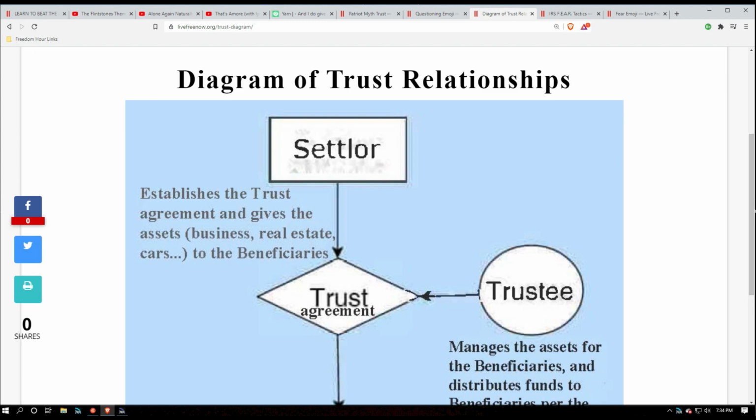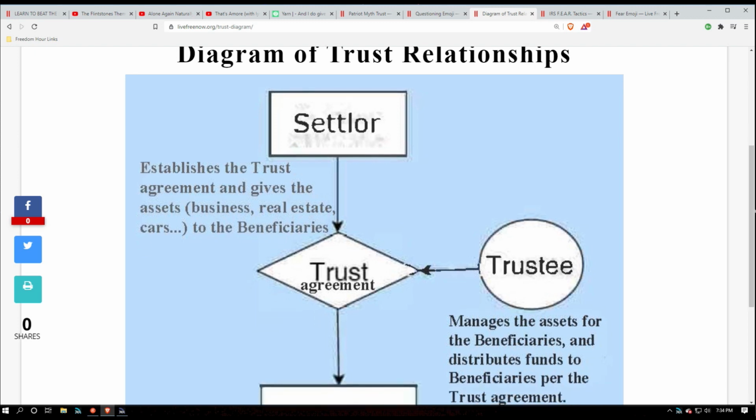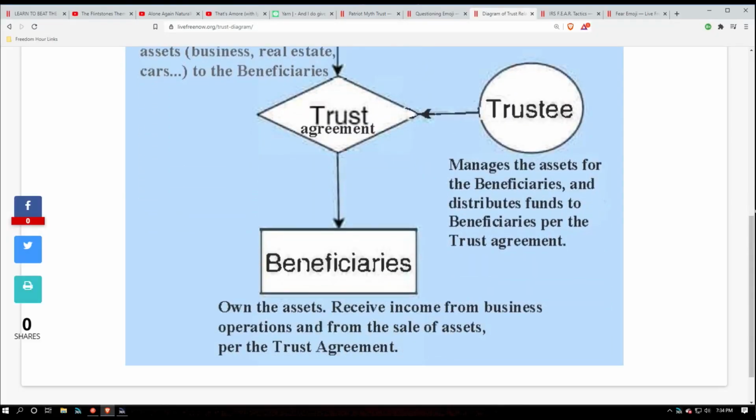But most importantly, the settlor gives the assets into the trust to the beneficiaries, whether it's a business, real estate, home, cars, or whatever else, he gives it to the beneficiaries, like some old man gives it to his children or grandchildren, for example. And beneficiaries are now the real owners of the assets in the trust. It belongs to the beneficiaries.